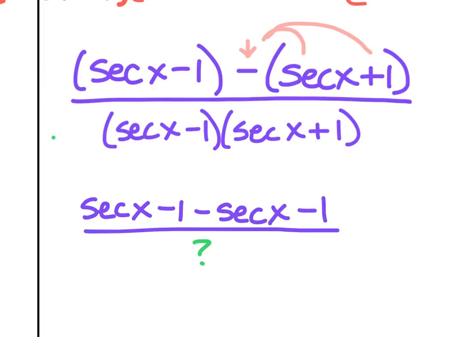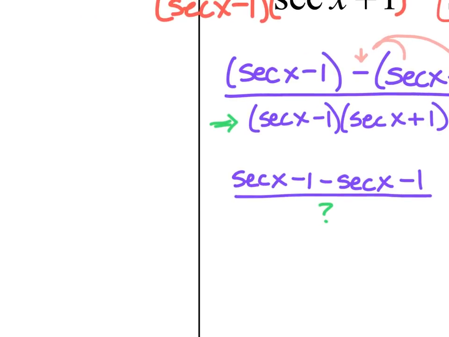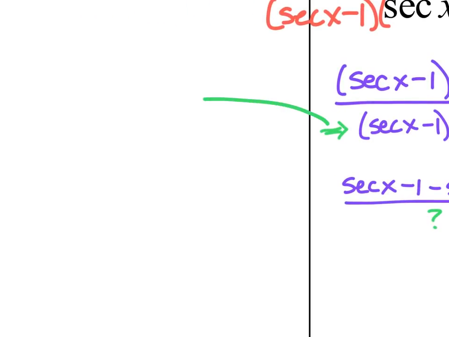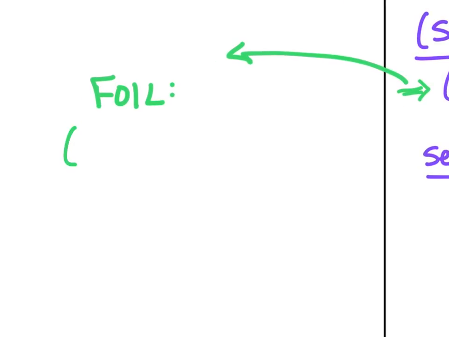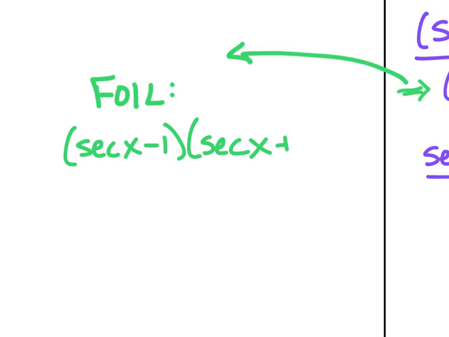Now, in the denominator, let's work out this multiplication problem, and I'll come back and fill in where the question mark is in a minute. But I want to do that over here, so I'm going to FOIL secant of x minus 1 times secant of x plus 1. And I hope that you're starting to see a pattern here when we're FOILing the trig functions.